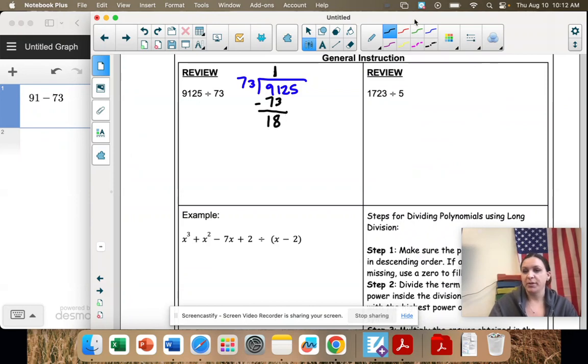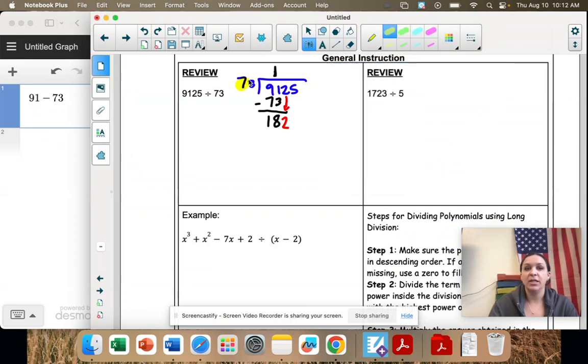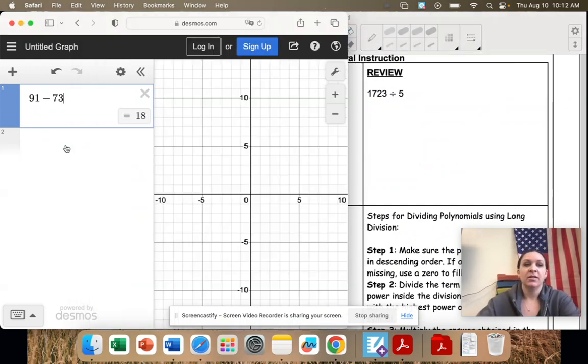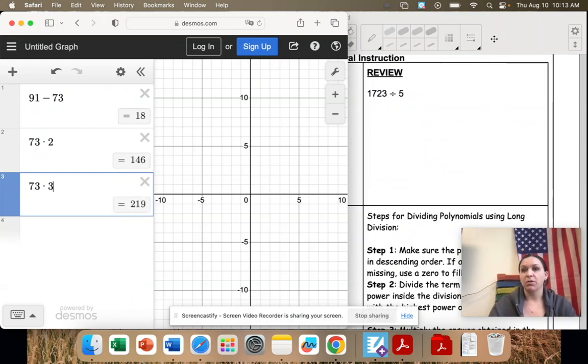And then do you remember what's next? You drop down the next number, so 2. So now we're looking at how many times does 73 go into 182? We're only focused on that. So 73 times 2 is 146. But if we go 3 times, we're over, and we don't want to go over.